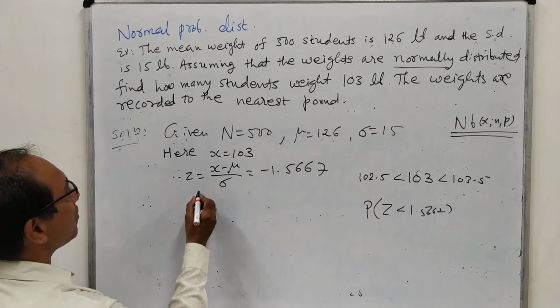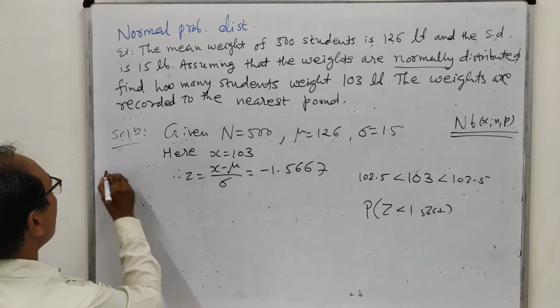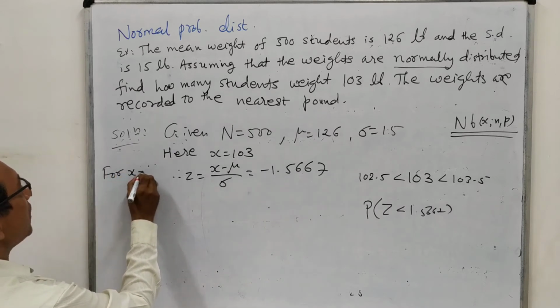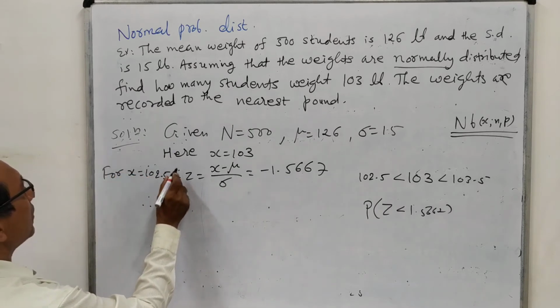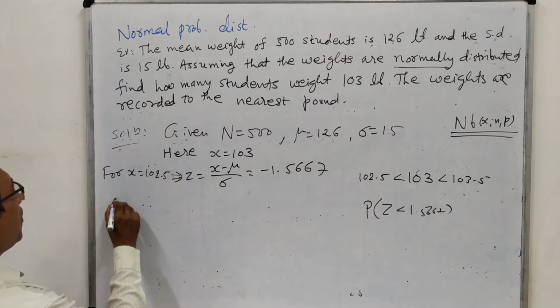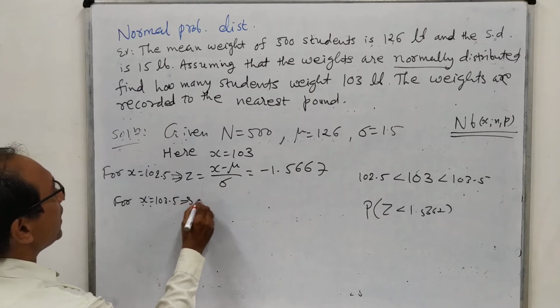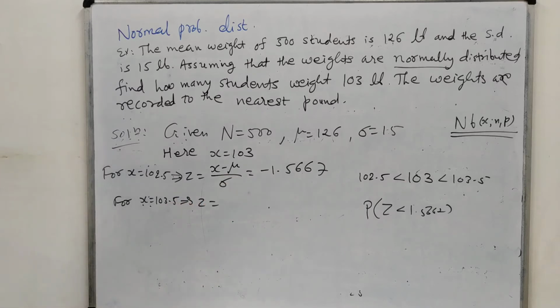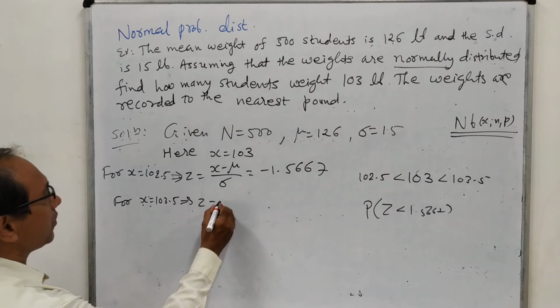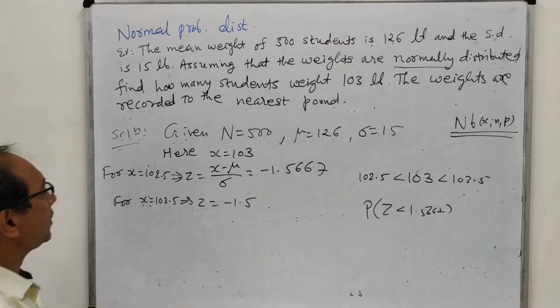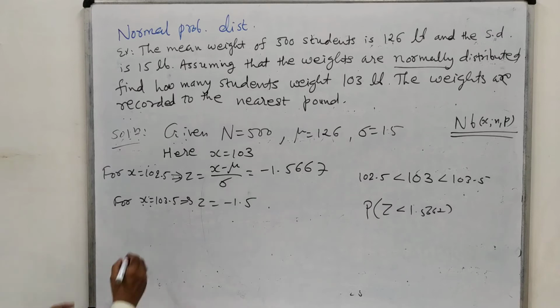So actually this value is obtained for x equal to 102.5. Okay, and for x equal to 103.5, we will have Z, by using the same formula, we can obtain this value as minus 1.5. Okay, so what do we now have?